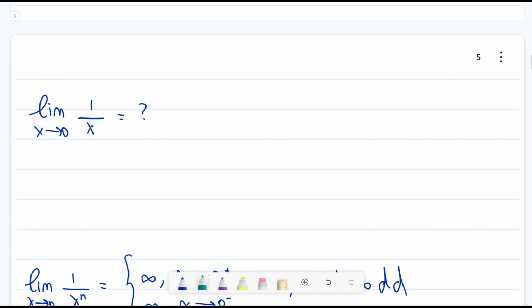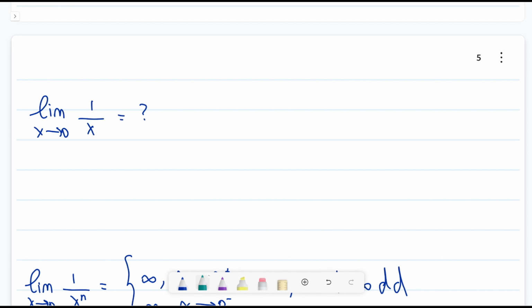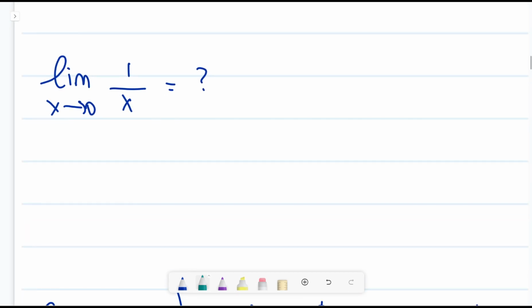Now let's look at another example. Limit as x approaches 0 of 1 over x. It never hurts to draw a graph, so let's draw the graph.